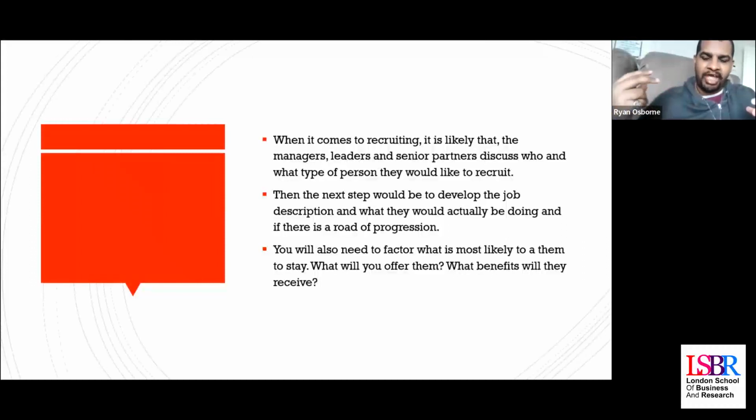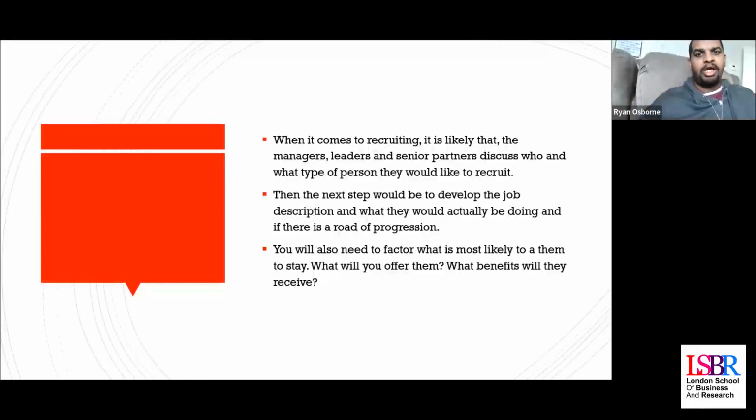As part of their job, is there a road of progression? Will they be able to get promoted to the next role up, or to a leadership role, onto a management role?